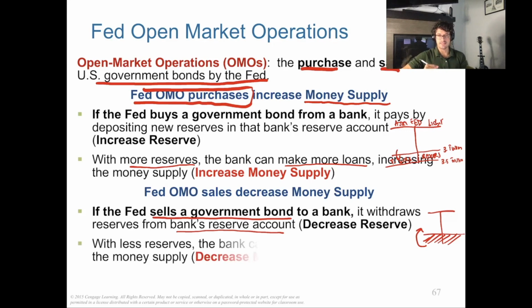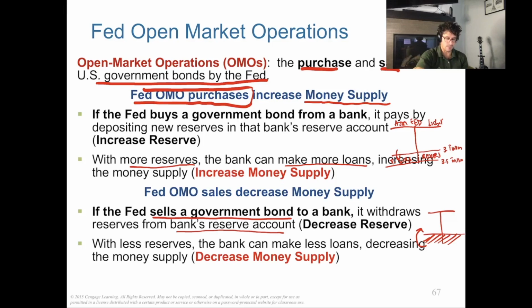Because of this, banks start lending less, and therefore there is also a multiplier effect that reduces the money supply. These operations of sale and purchase of government bonds happen in New York at the trading desk of the Federal Reserve.